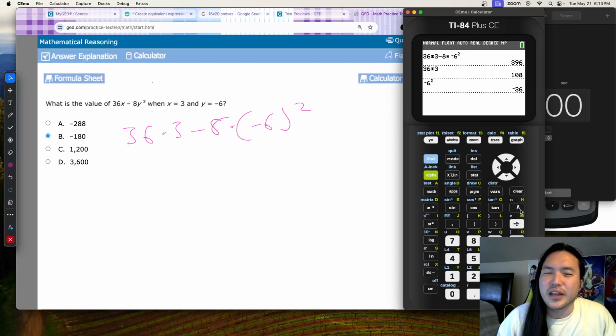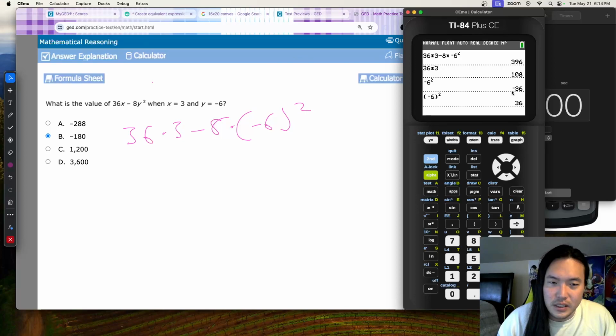So you can either just know that negative 6 times negative 6 is positive 36, or if you really want to square a negative number, you need to use parentheses. And that's why I use parentheses here. If you don't use parentheses here, that means negative 36.